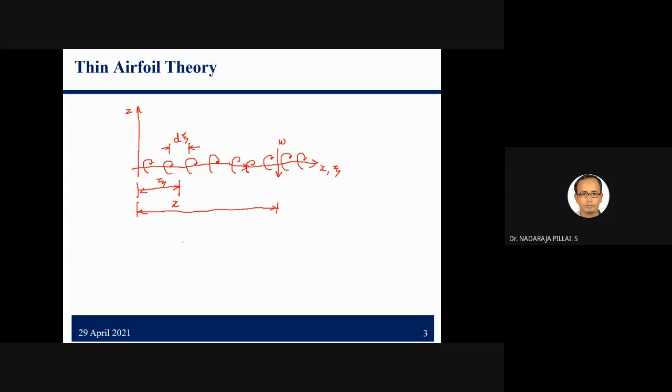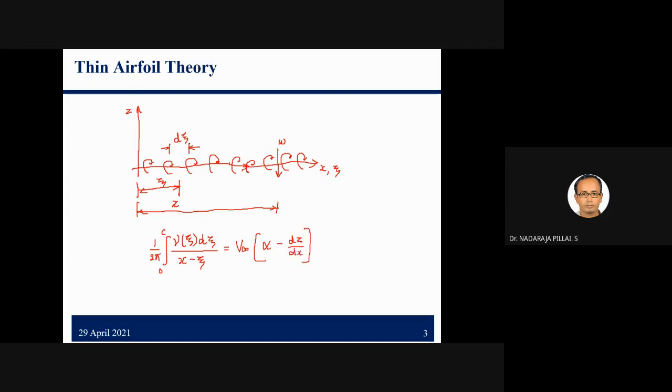Finally, we have arrived at the fundamental equation: 1 by 2 pi, integral 0 to c, gamma of zeta d zeta by x minus zeta, equal to V infinity into alpha minus dz by dx.